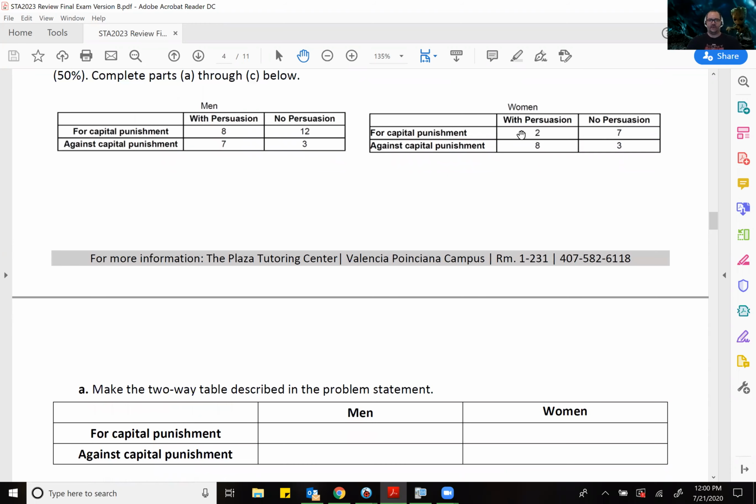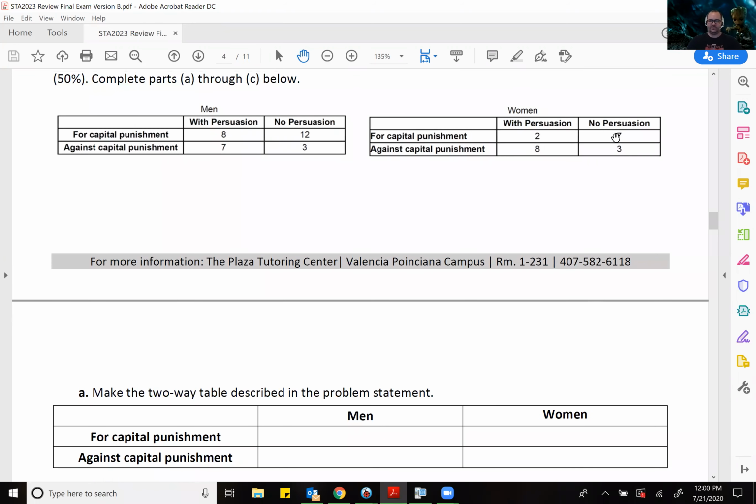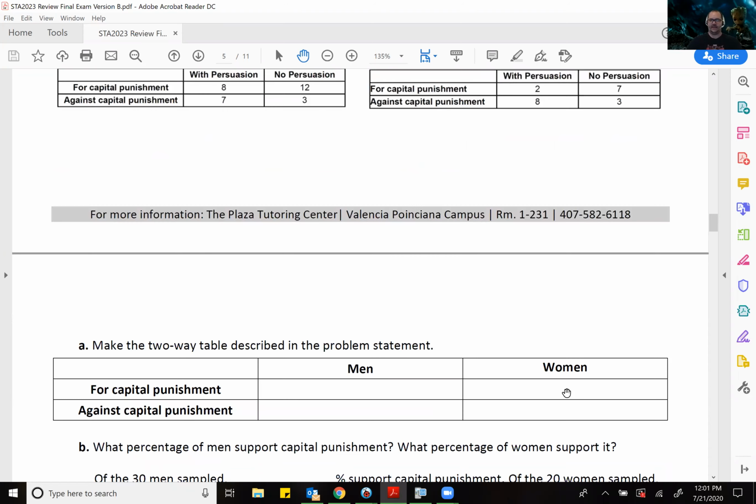And then over here, how many women are for capital punishment? That's 2 and 7. So that's 9. Against capital punishment is 8 and 3. So that's 11. So down here, you will have 9 and 11. So 20 and 10, 9 and 11.